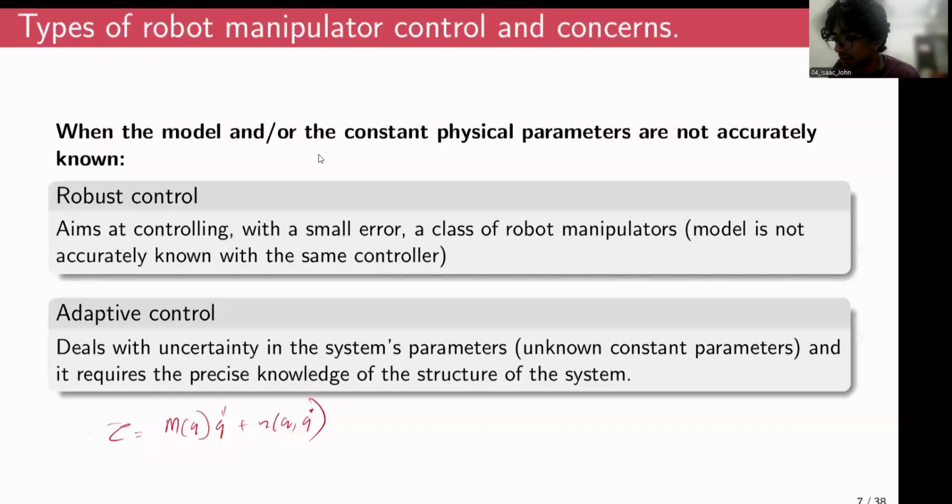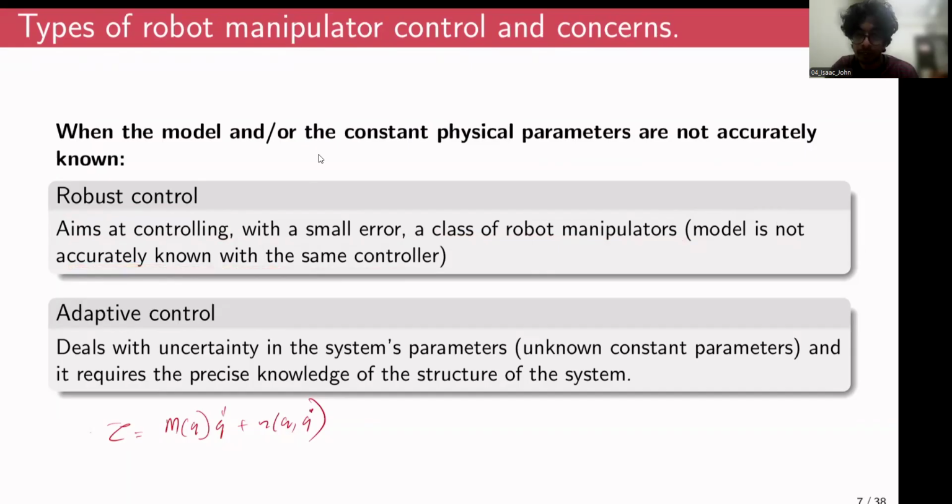One philosophy of control, called robust control, aims at controlling with a small error a class of robotic manipulators in which the model is not accurately known, with the same controller.